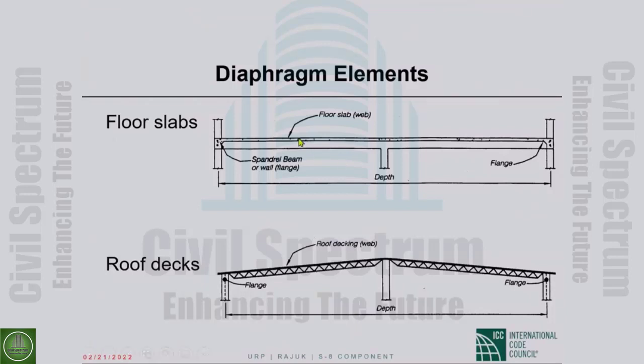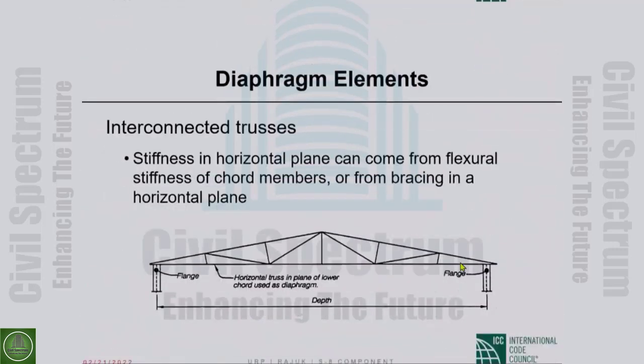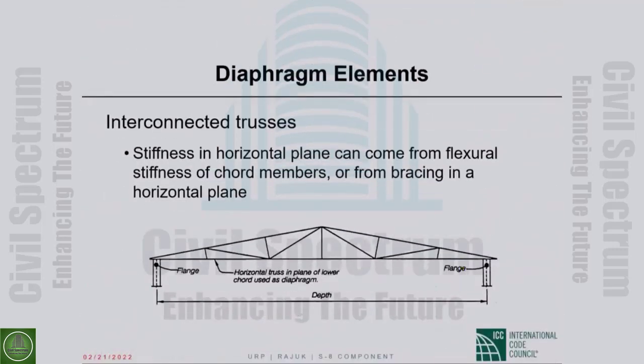So floor slabs are very typical diaphragm elements. Floor slabs acting as diaphragms, very common. But it could be roof decking acting as diaphragms, not uncommon. It could be this we saw in Chile, quite a bit actually in industrial buildings.